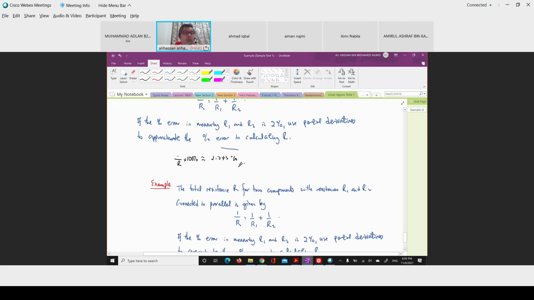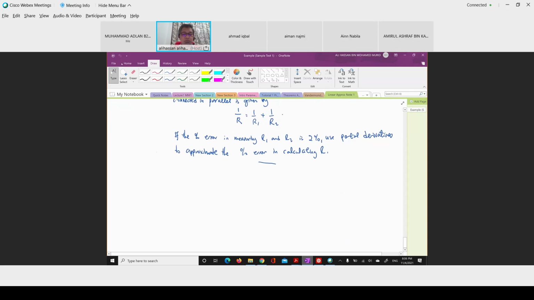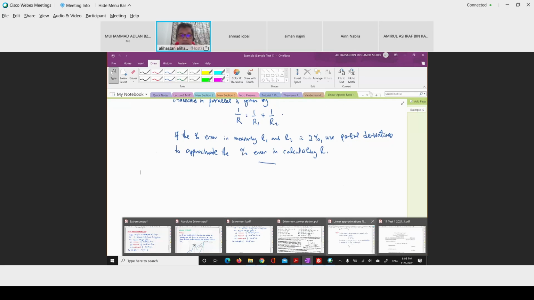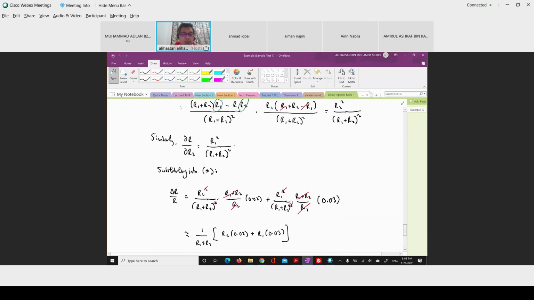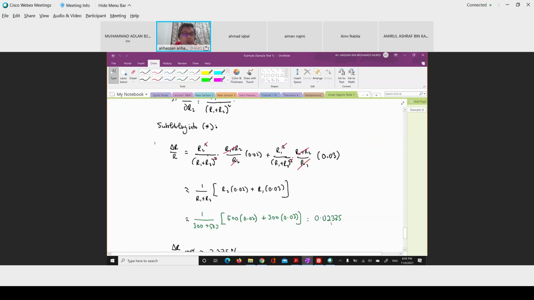I think I want to paste. Okay, let me try again. Can I do it from here? Yeah, I can do it from here also. The calculations are the same up to this point.